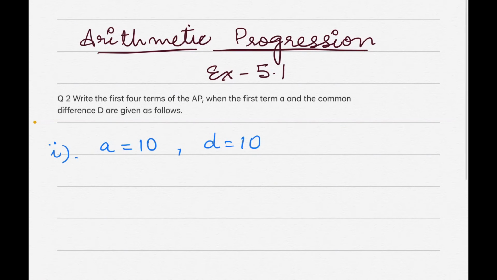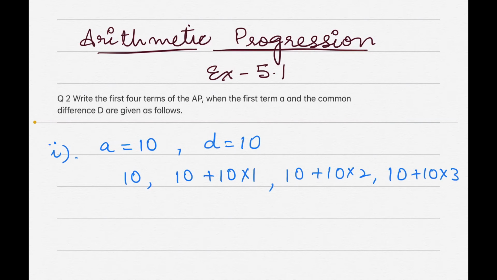So A is 10, so that is my first term, correct? So that is 10 and D is 10. Then the second term will be 10 plus 10 into 1. Third term will be 10 plus 10 into 2. And the fourth term will be 10 plus 10 into 3. So this is 10, then 10 plus 10, then 10 plus 20 and then 10 plus 30.